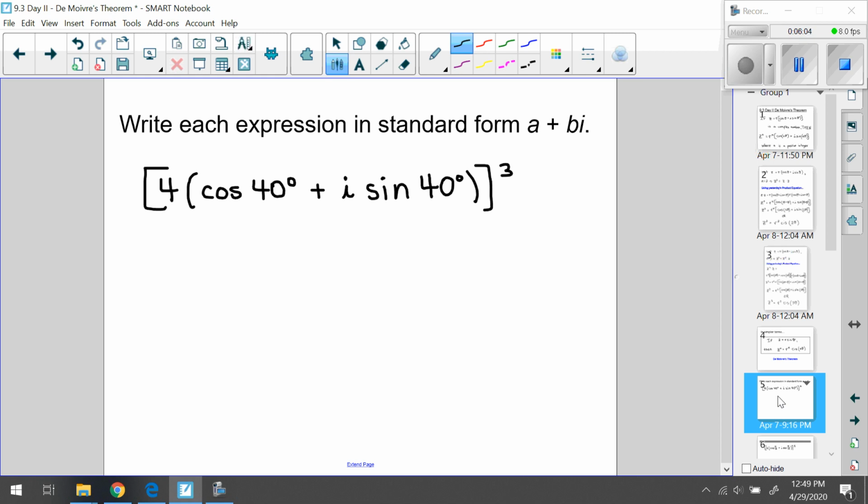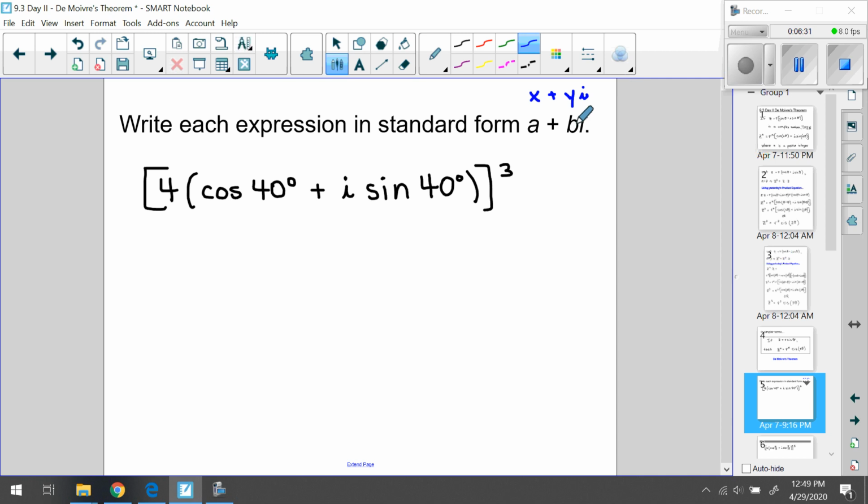Notice how it's asking us to give an answer in a plus bi form. I apologize, the book kind of goes back and forth here. I think when I introduced this lesson yesterday, or 2 days ago, I had x plus yi. So remember the x term is, if we were graphing on a complex plane, how far we would go left and right, and y would be how far we would go up and down.